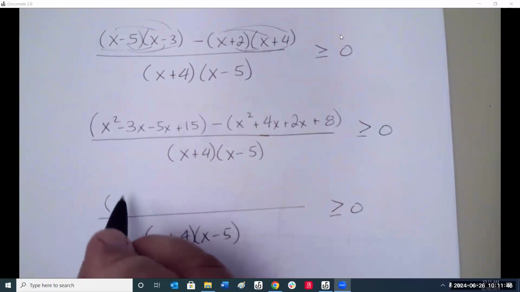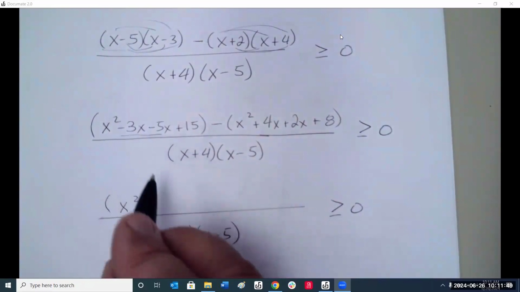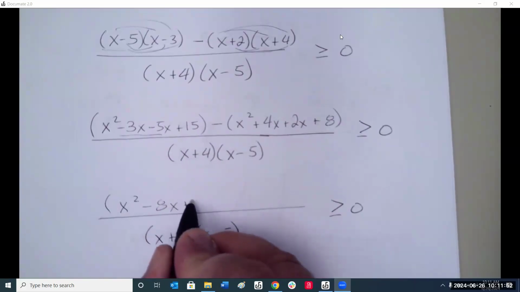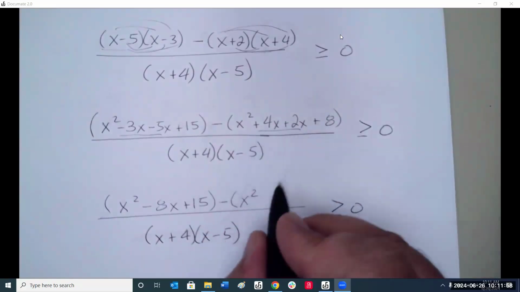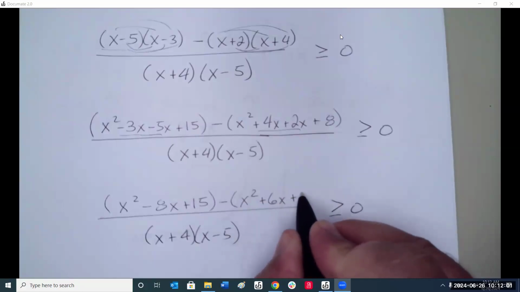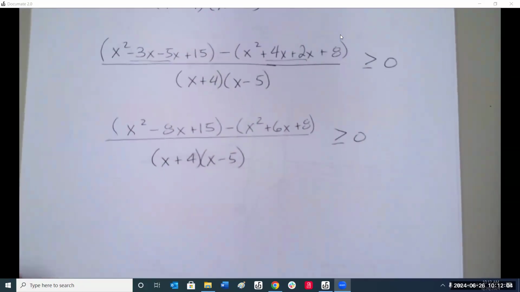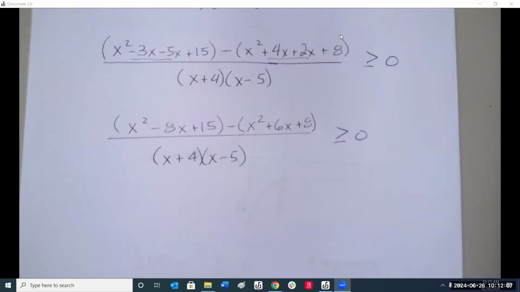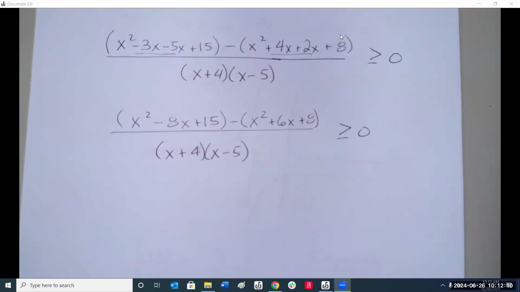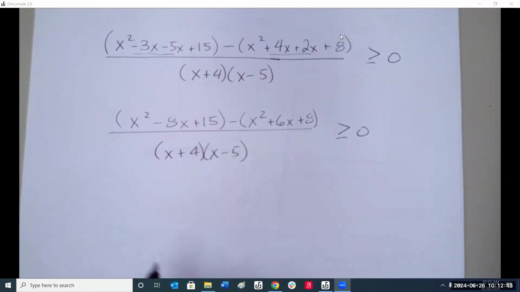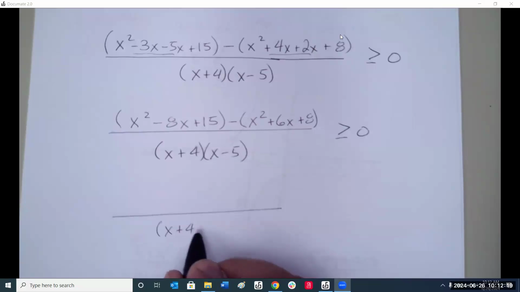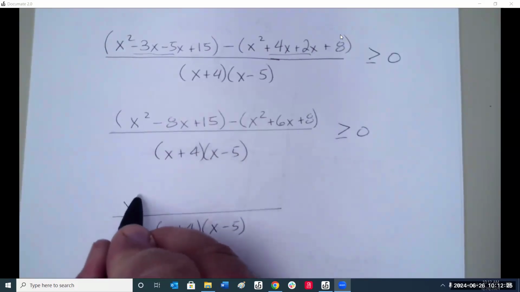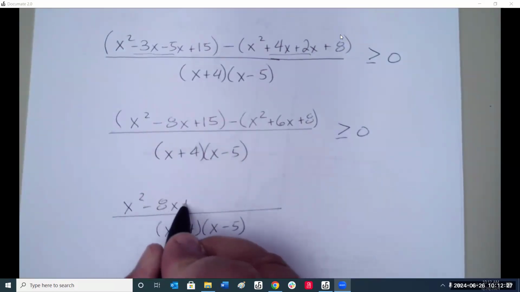Combine like terms: we have x squared, minus 3 minus 5 makes minus 8x, plus 15. 4x plus 2x is 6x. I could drop the first parentheses since there's no coefficient in front of it.